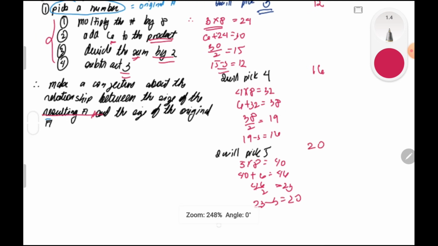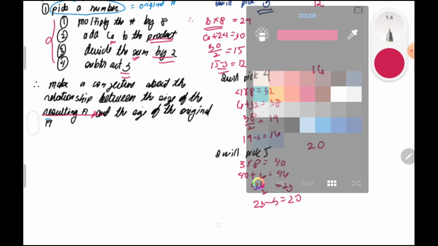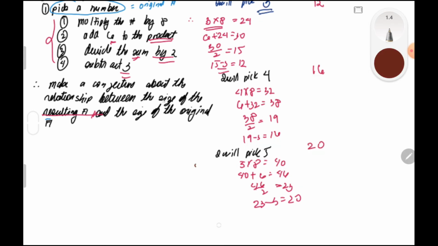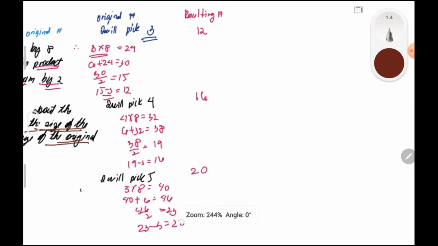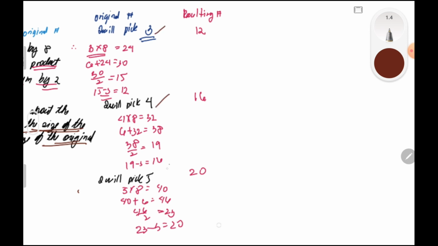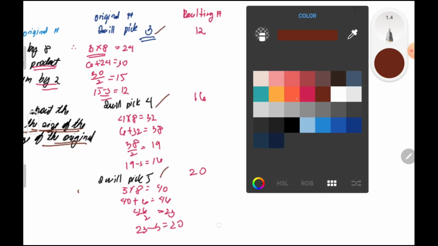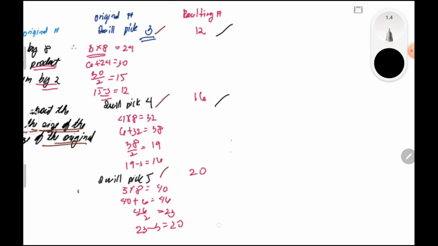And then make a conjecture about the relationship between the size of our resulting number to the original number. So as you can see, our original numbers are 3, 4, 5. Tapos yung resulting numbers natin is 12, 16, and 20. So what would be the relationship between the resulting number and the original number?